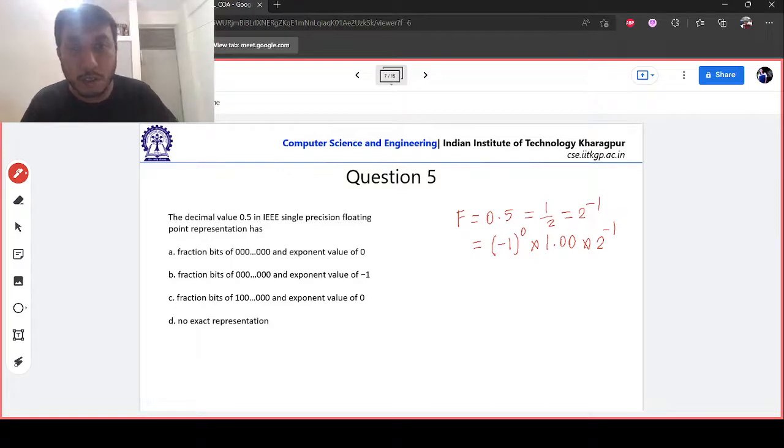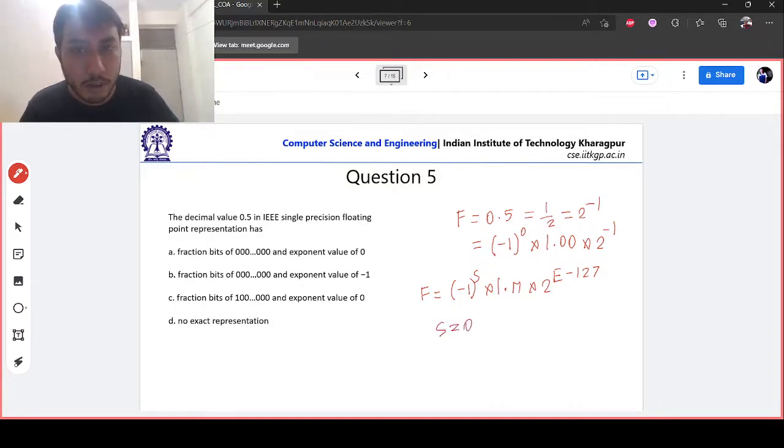Now this value is basically 1, because minus 1 to the power 0 is 1. If you compare this to the formula that we have discussed, that is minus 1 to the power of s into 1 dot m into 2 to the power of e minus 127, now you can see the similarity, right? If you match the equations, what is the value of s?